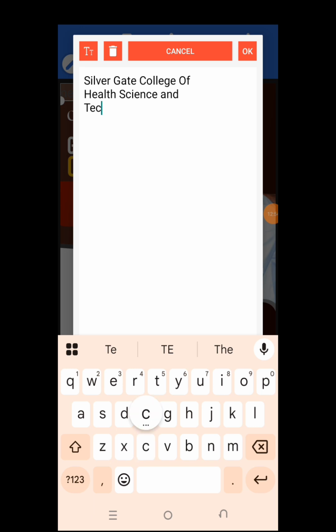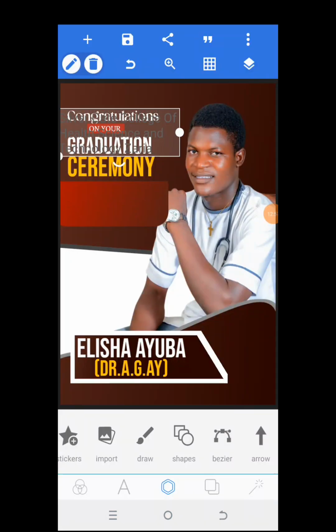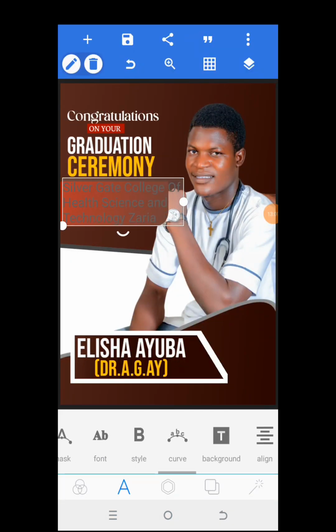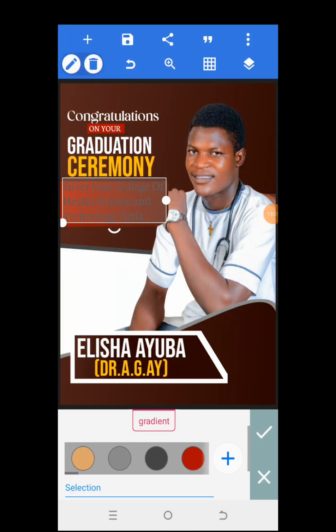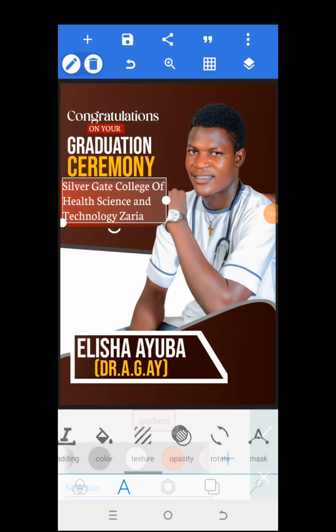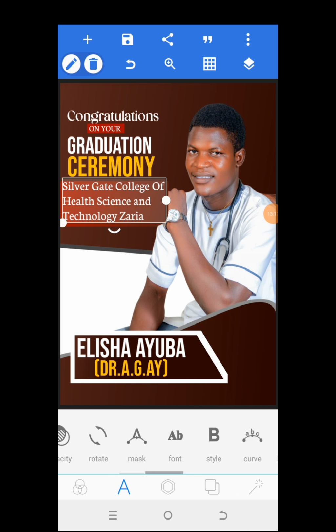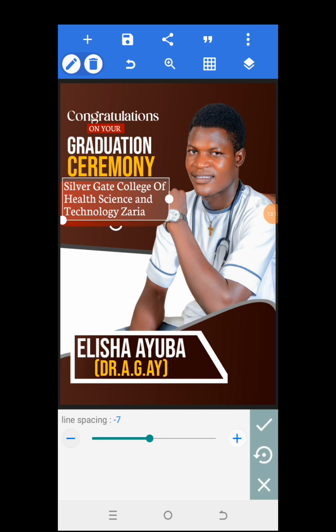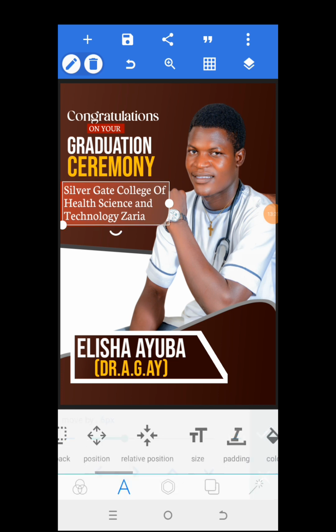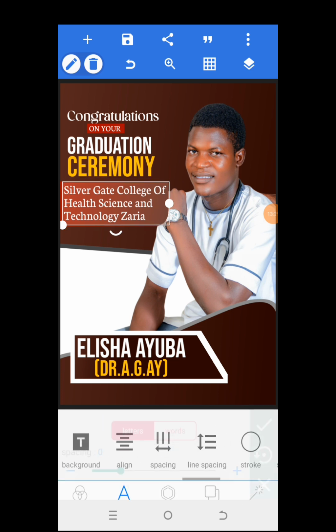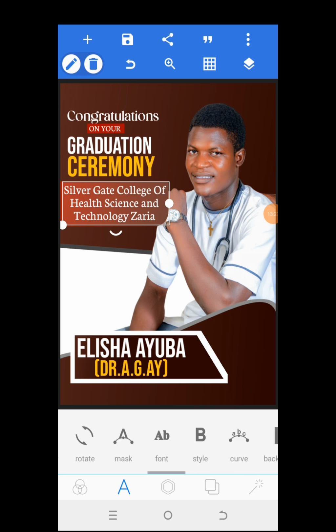Technology. Right, yeah. So I'll just fix. Okay, let me go to my font, enter regular, and choose the fonts, and then I'll actually go to my spacing, decrease the spacing a little bit, then I'll fix it here. Let me go to alignment, and then align it like this.